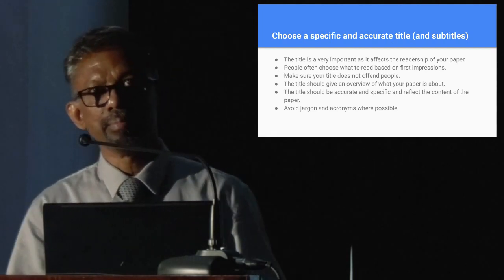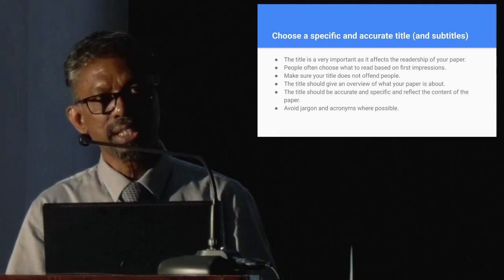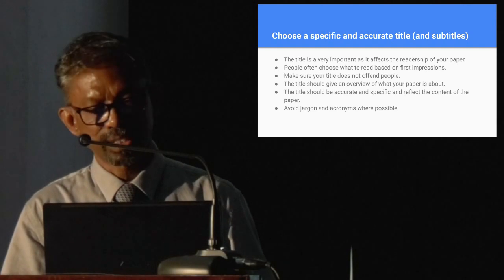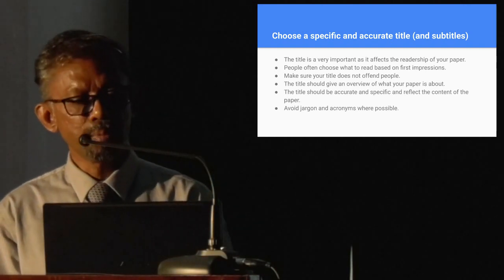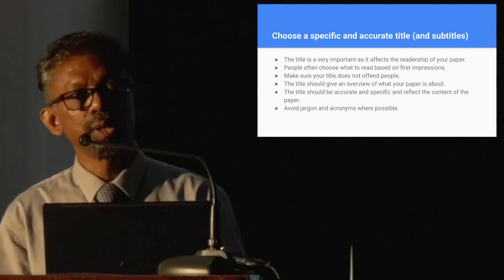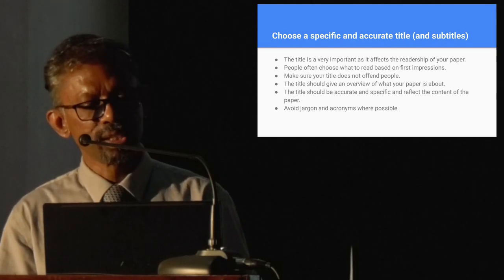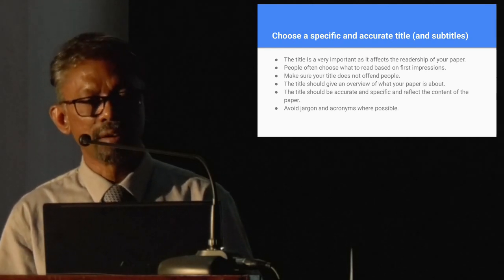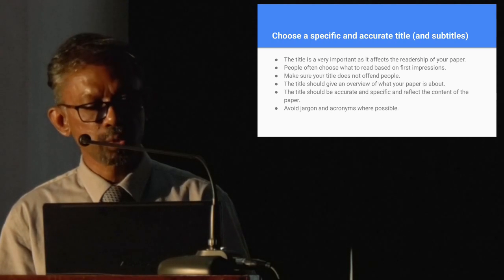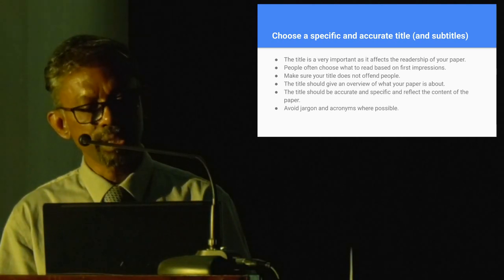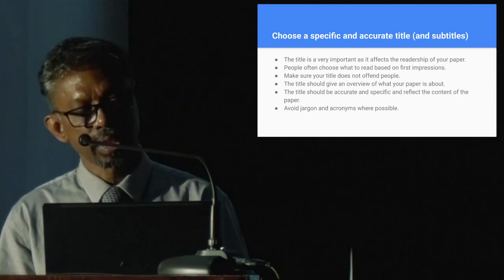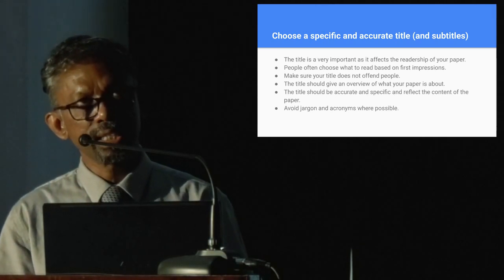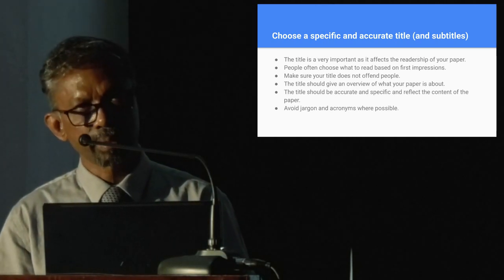So when we want to get a research paper published, it is very important to pay attention to the topic. So our research article's topic should be very specific and accurate. And of course this guidance goes to other subtitles also.